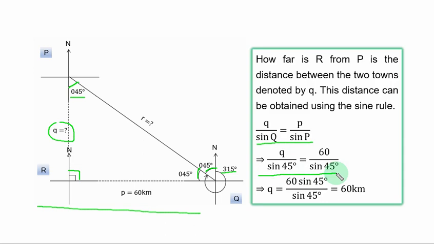To get q first, you have to cross multiply and divide both sides by sine 45 in order to have q standing alone. We cancel sine 45 degrees. You are left with 60 kilometers as the distance between town R and P.